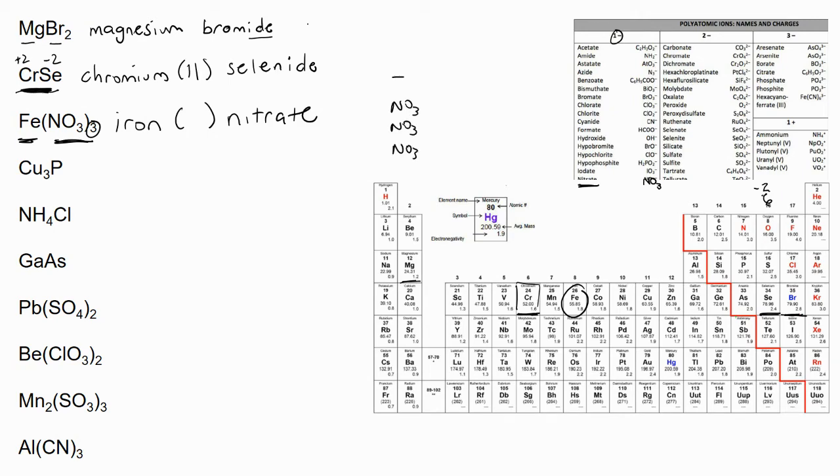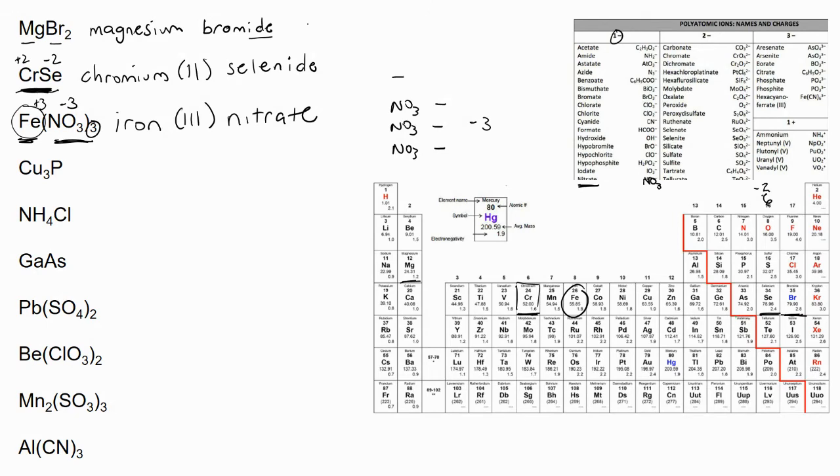There are 3 nitrates, and each and every one of them has a -1 charge. So if you add all of these up, it's -1, -1, -1 for a total charge of -3. So all of these nitrates together have a -3 charge, and that means that our iron, all by itself, there's only one of them, has to have a +3 charge. So we're going to put a 3 in the parentheses: iron(III) nitrate.